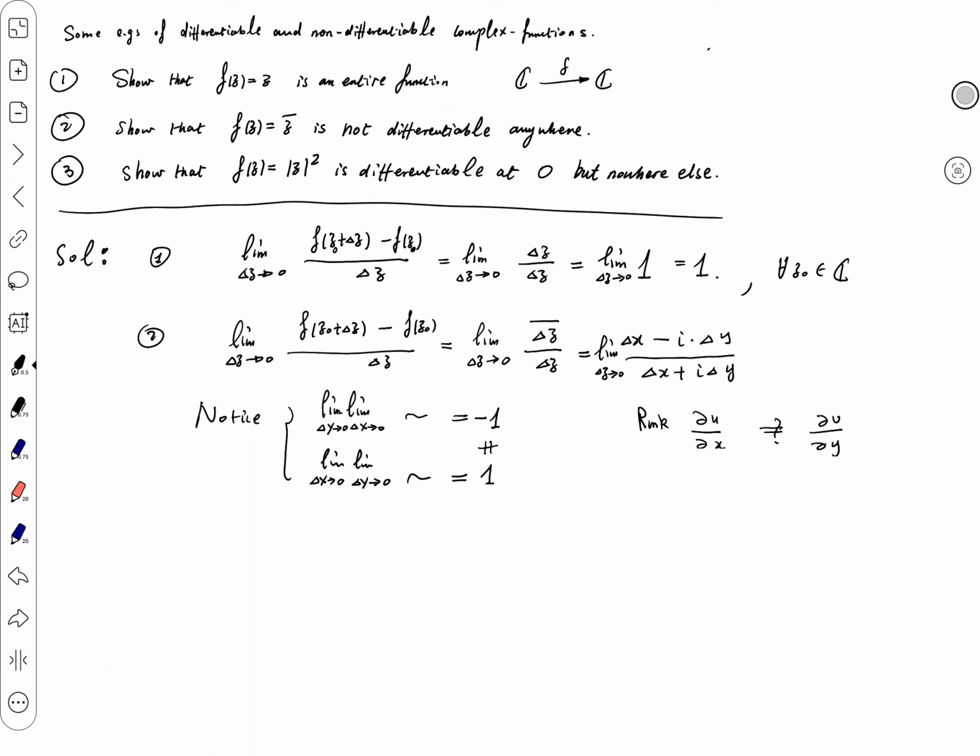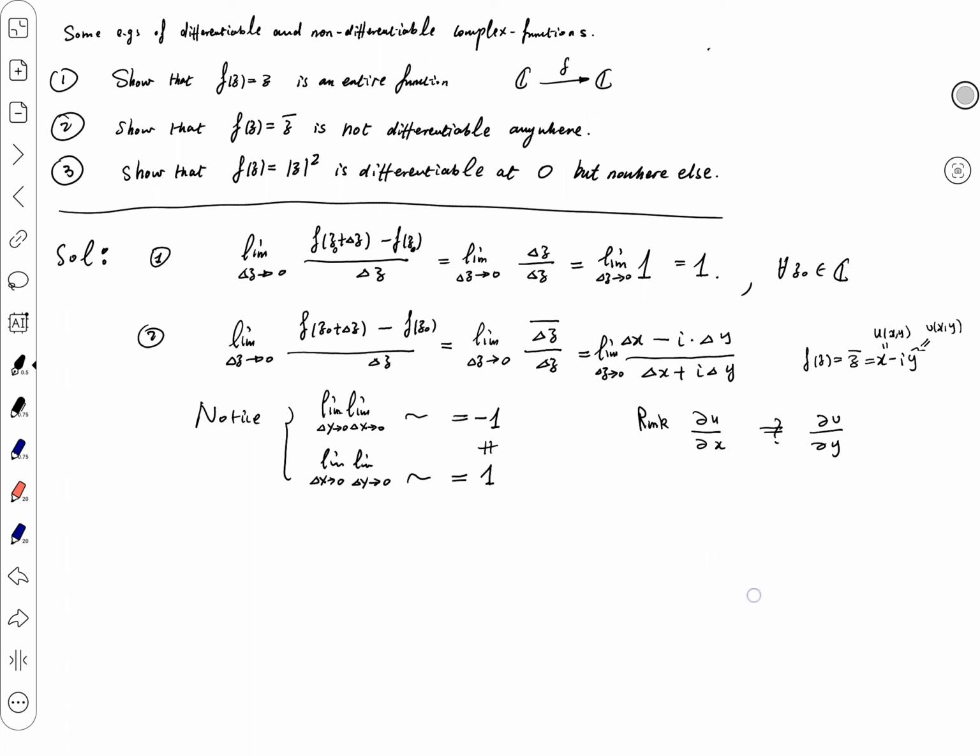So in this case, f(z) equals z bar equals x minus i y. So this is your u, this is your v.